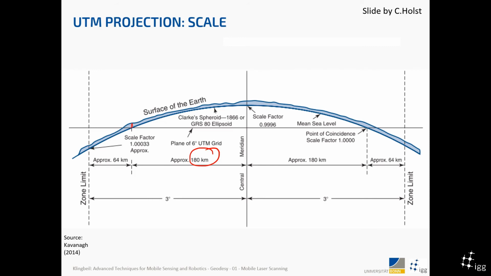And in the other direction, it's the same thing. So these are 2 times 3 degrees, 6 degrees, and in kilometers, something like 180 from here to here, and then another 64 kilometers here. So this is about 400 or 500 kilometers, the whole stripe.